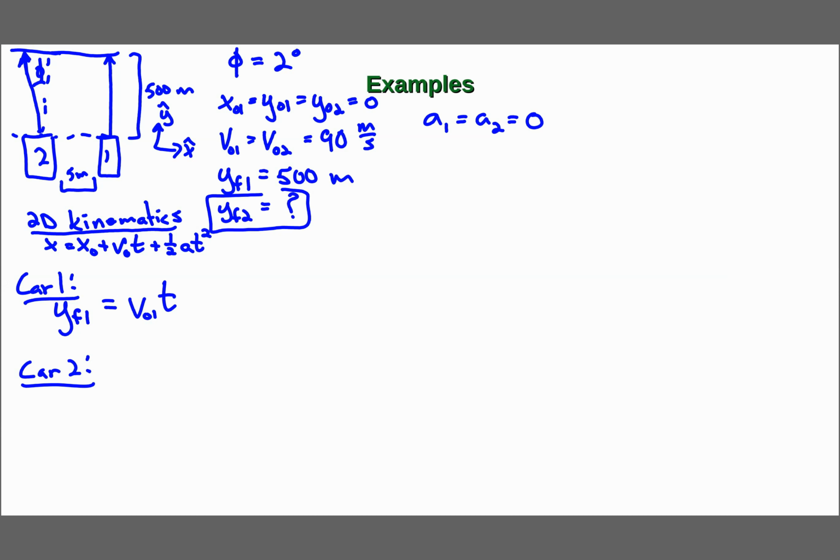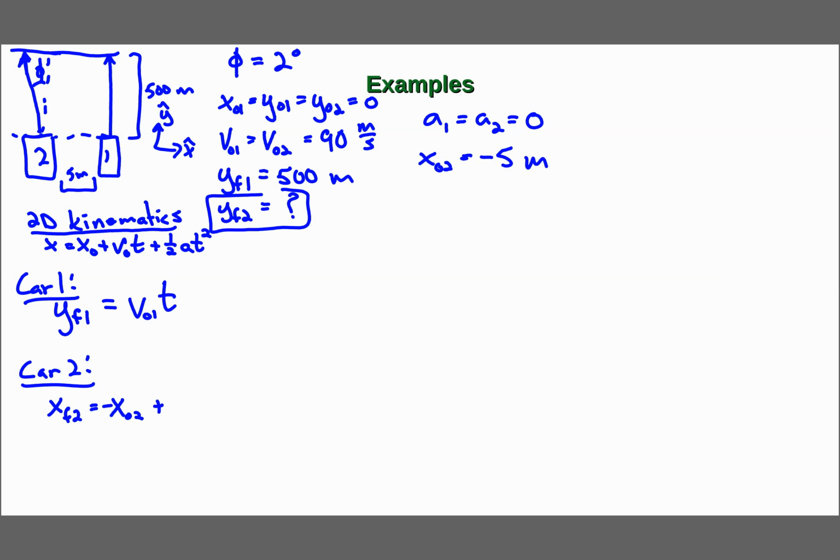In the X direction, X final of car 2 equals X naught of car 2. And remember, that was minus 5 meters. I forgot to write it when we changed pages here. X naught of 2 equals minus 5 meters. So let's put our minus sign in now. I usually like to put in my minus signs when I put in the variables.